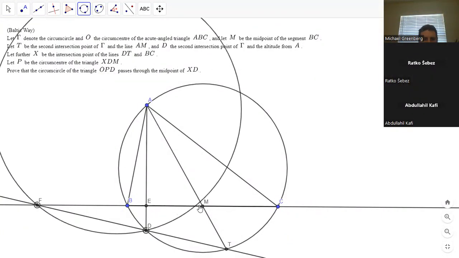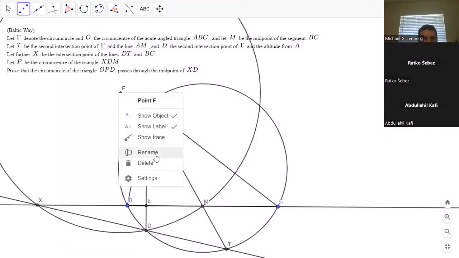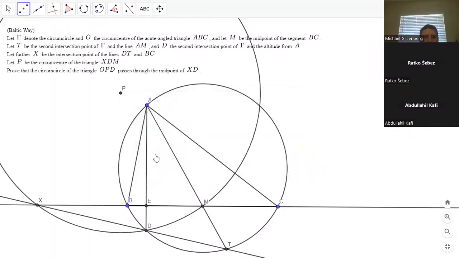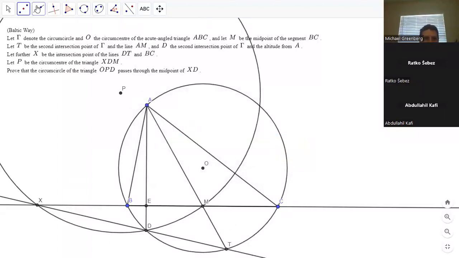And this is the center. This is P. And we want to show the circumcircle of OPB passes through the midpoint of XD. So this is O, and we'll take the midpoint of XD, and we'll call it F.